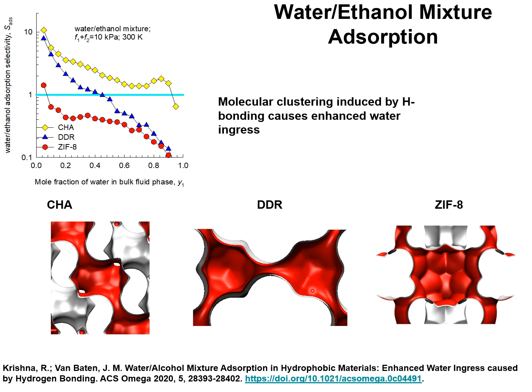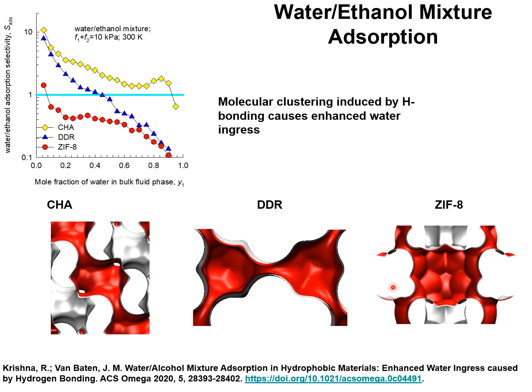This is another cage structure, DDR, shown here by the blue triangles, where the window dimensions are approximately 3.6 to 3.7 angstrom. The red circles are the data for ZIF8 that has a crystallographic window aperture of 3.3 angstroms, but the windows are flexible, allowing even larger molecules to pass through.